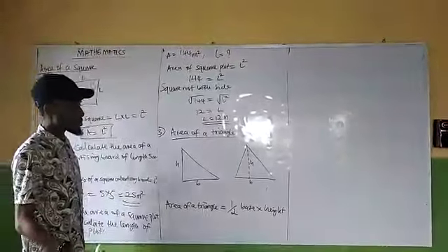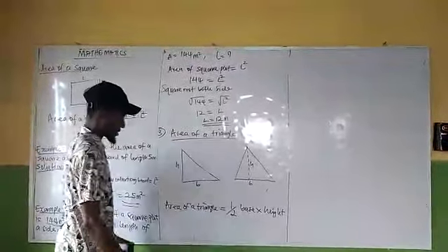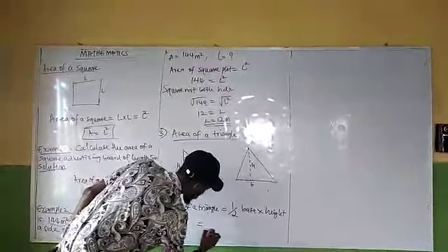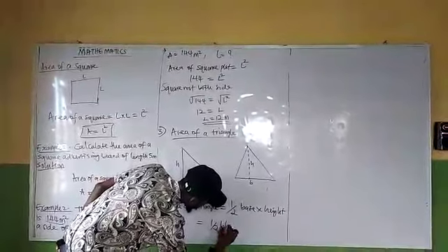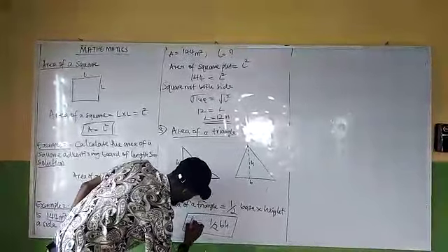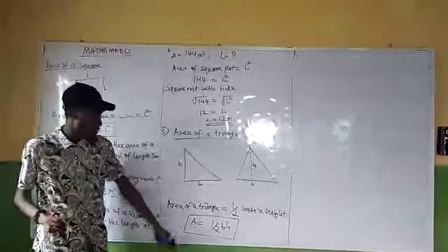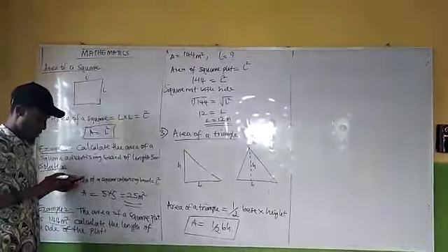That is 1/2 base times height. We say it as half base times height, or you can further shorten it by saying 1/2 BH. Is that okay? So this is the formula you use to calculate the area of a triangle.